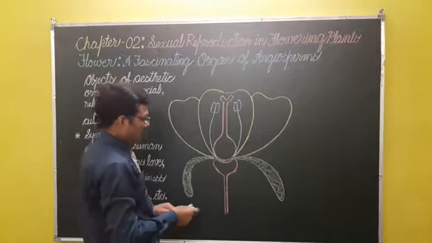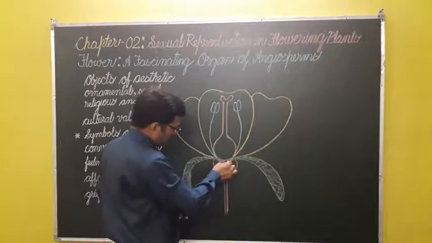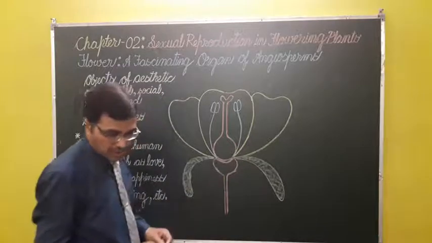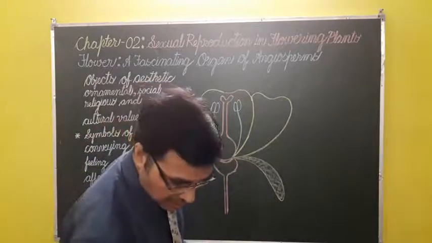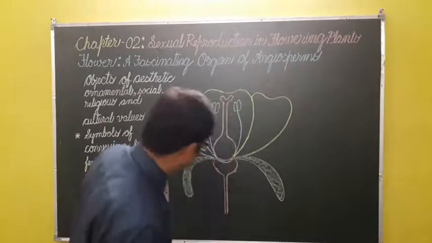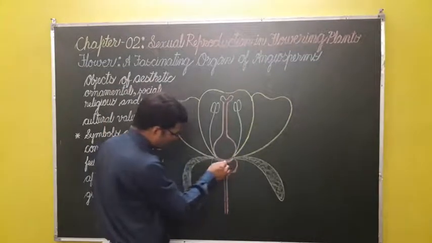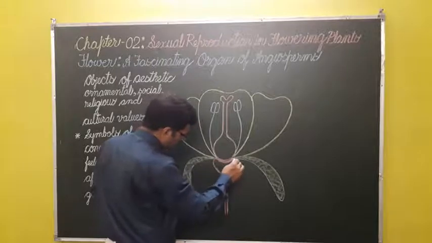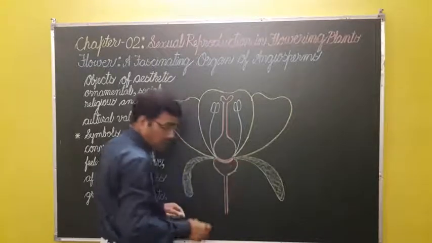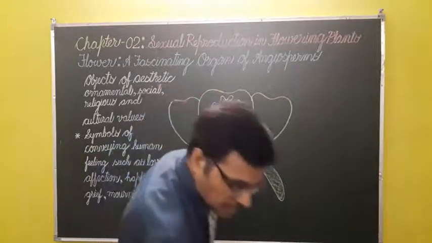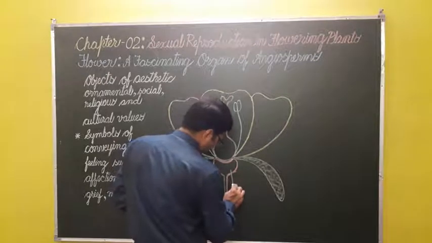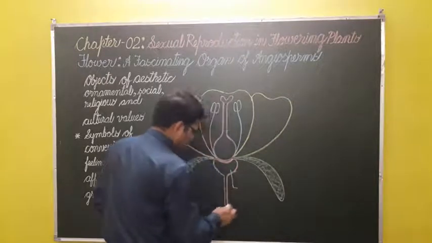Now just see this portion, on which the different parts or different whorls of a flower rest. I'm talking about this portion. What do we call this? This is called thalamus.